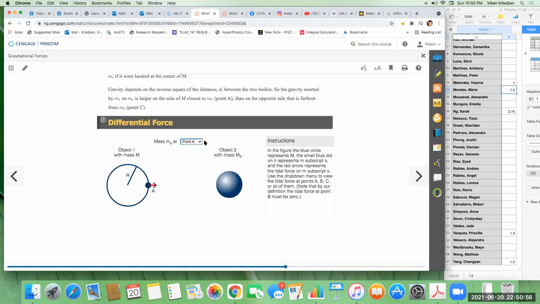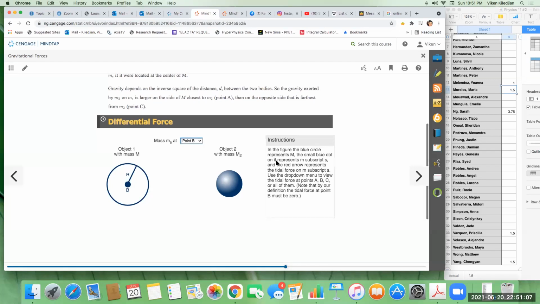And if that object is at point B, then it's at the center, then it will be attracted with a somewhat lesser force. Note that if we go to point C, then it's going to be attracted by that object with a less force.